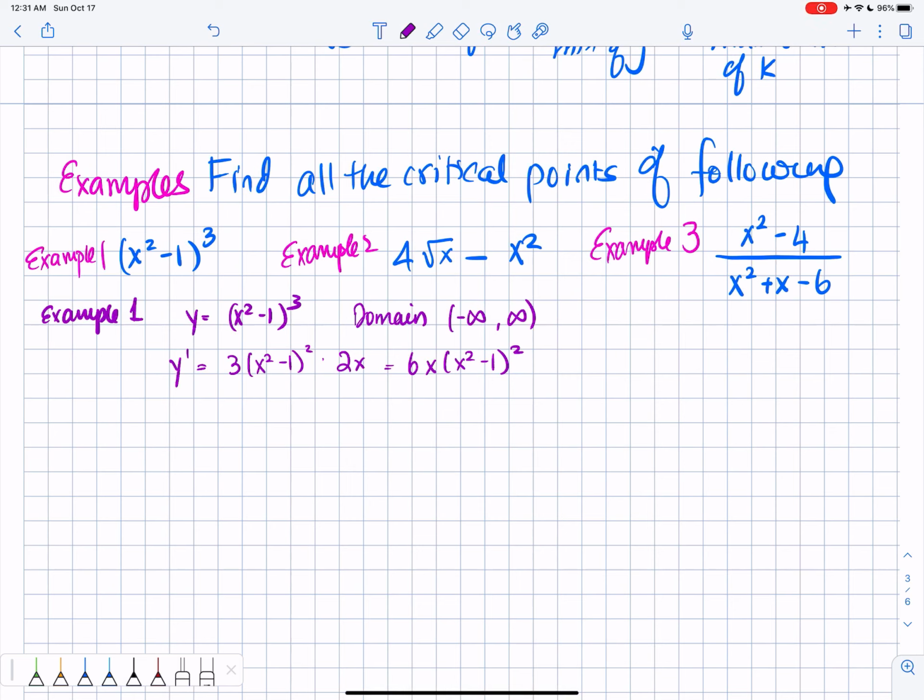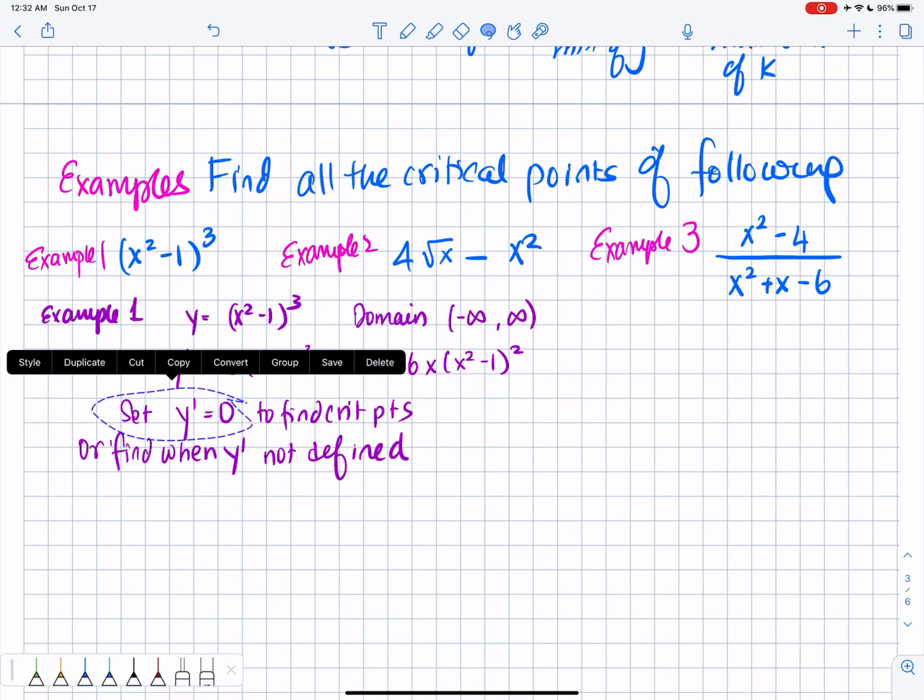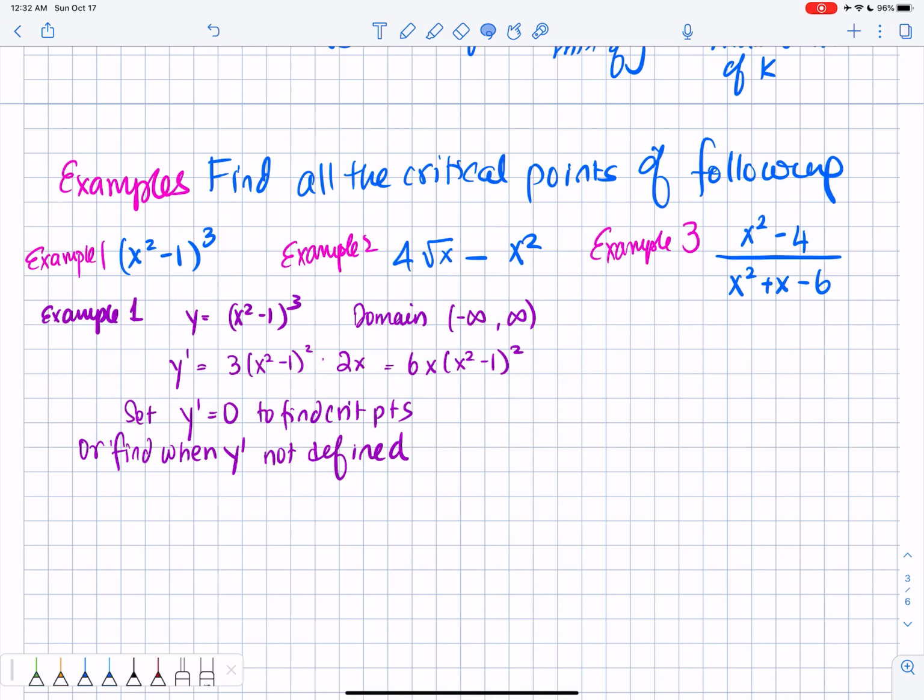Okay, so for critical points, what do we have to do? We find when y prime is 0, or you find out where y prime is not defined.